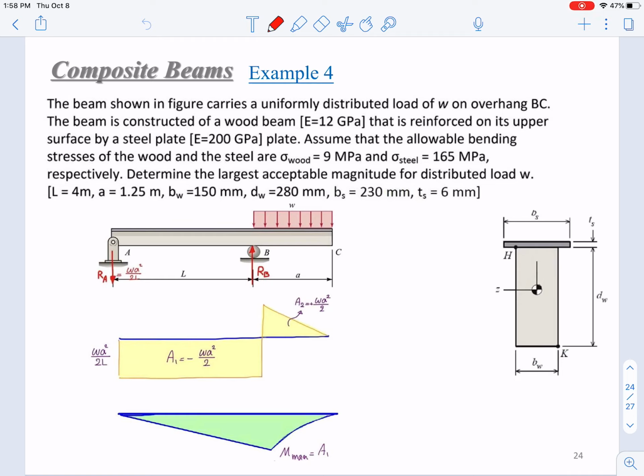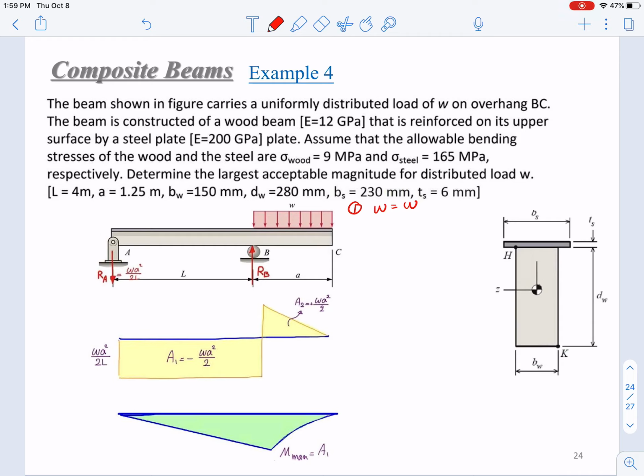Normally we start from a loading and determine the shear diagram and bending moment diagram. But we don't have the value of the loading, so we just assume that W is W, an unknown. We just carry this variable in the calculations.